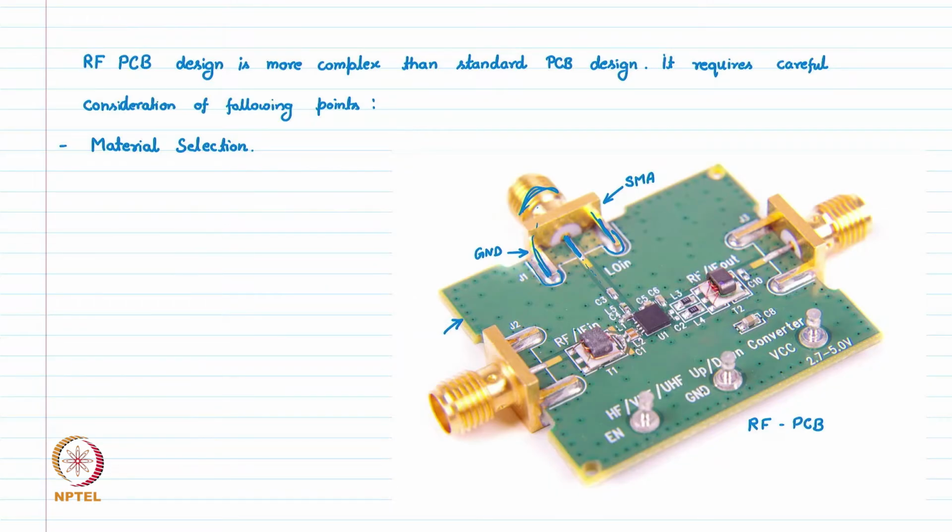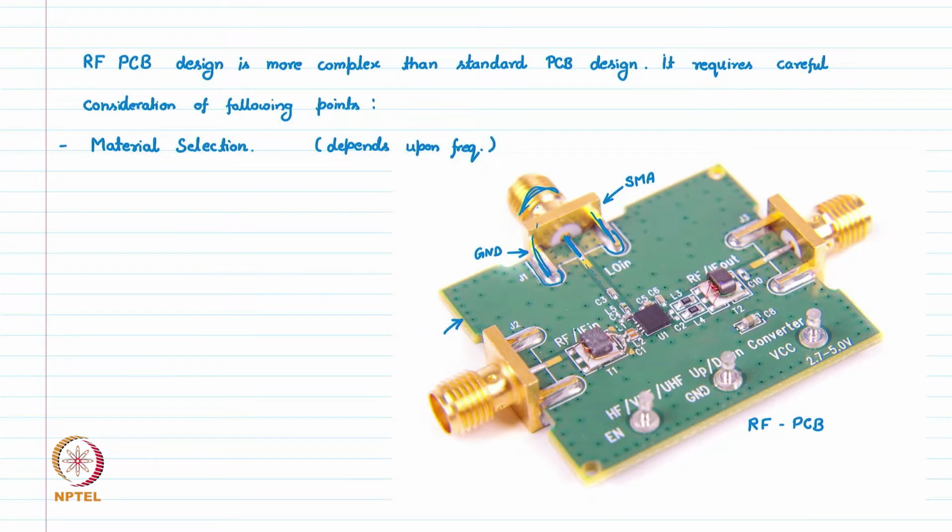This material should be selected very carefully. It depends on what frequency range we have. So first we decide our frequency range. First we decide what is the maximum frequency of our PCB, and based on that we find out the material which shows the least amount of loss for that frequency range.